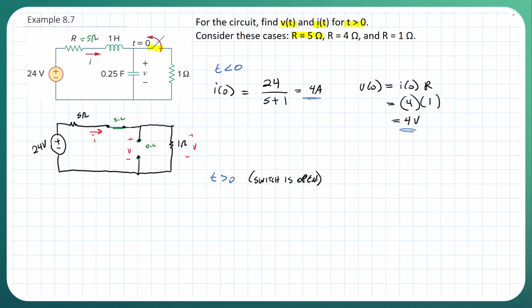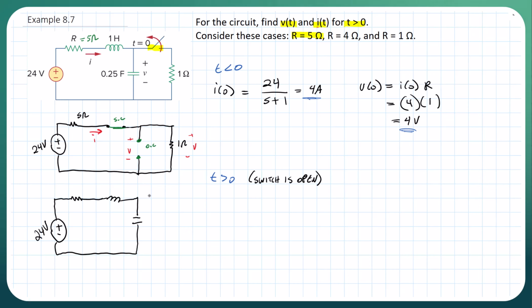But more importantly, this resistor is going to be disconnected, so we can redraw the circuit. This is our 24 volts. We have our resistor, we have our inductor, we have our capacitor.